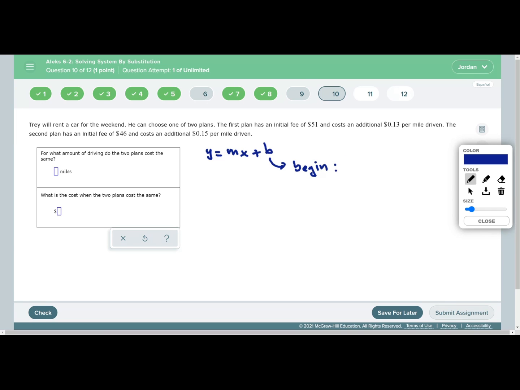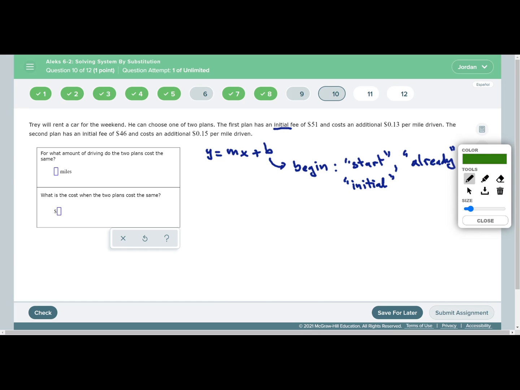Normally it goes with words like begin, start. What else? Initial fee is the beginning in this case. Okay, the base amount, something like that.